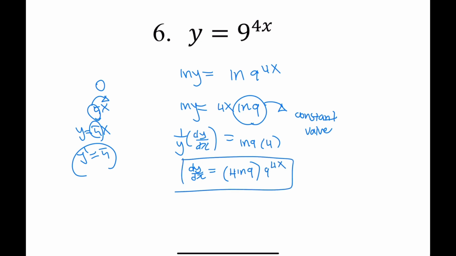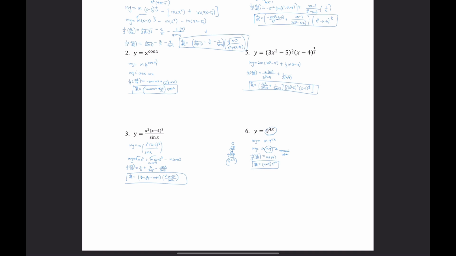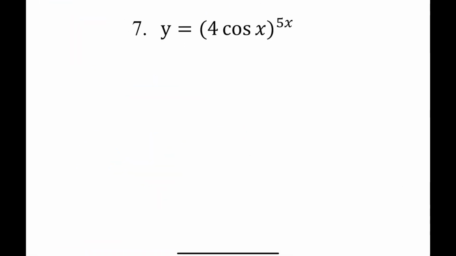The reason why we're multiplying 9 to the 4x instead of just y is because we want to leave everything in terms of x, so that it's actually something that we solved for. So it's not like implicit differentiation. It's more like regular differentiation, but then we didn't use the regular methods that we would use, like product rule or quotient rule.